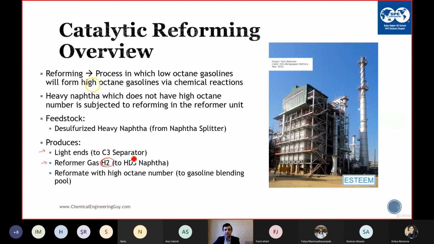Then after the calculation of how much hydrogen is produced in the reformer, another secondary unit, HPU, the hydrogen production unit, is constructed. So it is only for hydrogen production, but we accept that the CCR, or catalytic reforming, is the only unit that produces the hydrogen in the refinery.